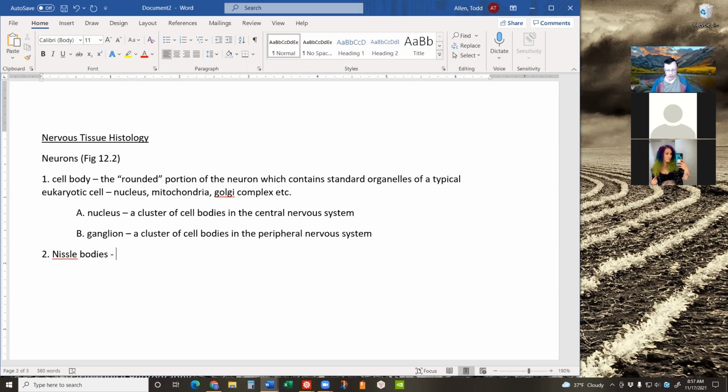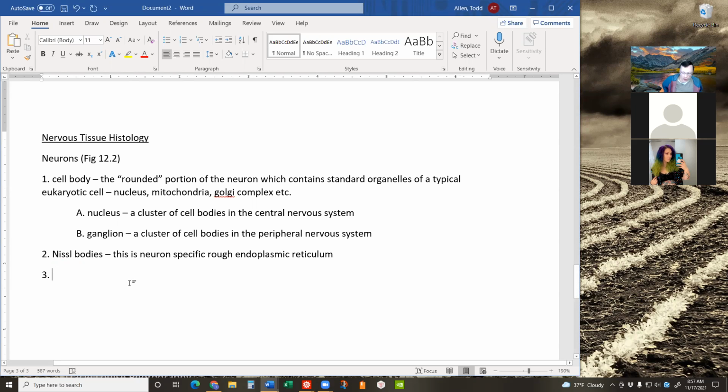You might say, well, why the heck don't we just call it rough endoplasmic reticulum? Well, you know, folks, as you get more specialized, we're going to have more specialized terms here. Okay, Nissl is N-I-S-S-L. This is neuron-specific rough endoplasmic reticulum. We also have neurofibrils.